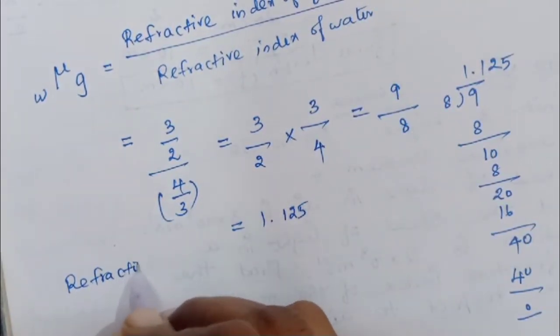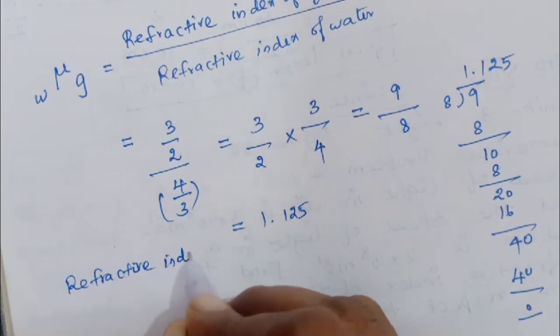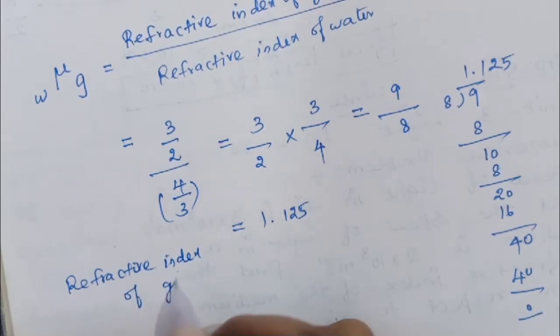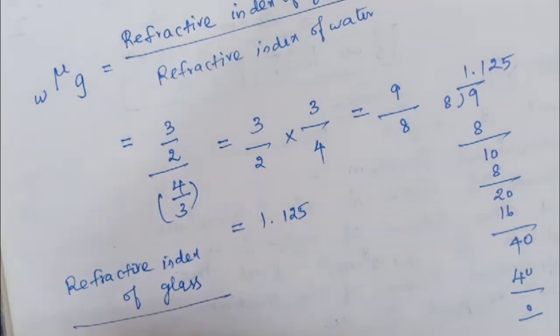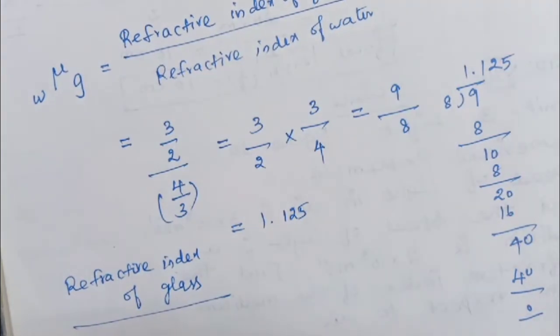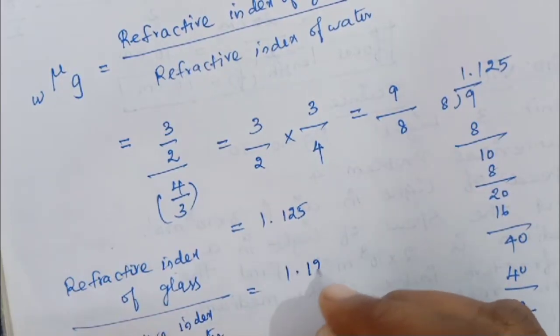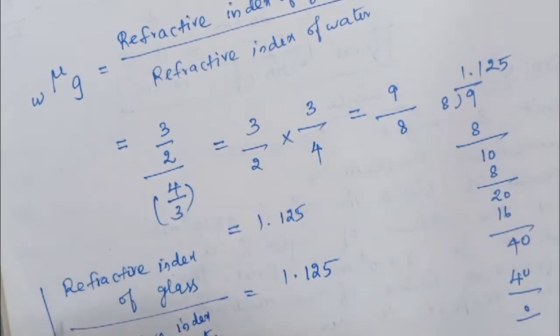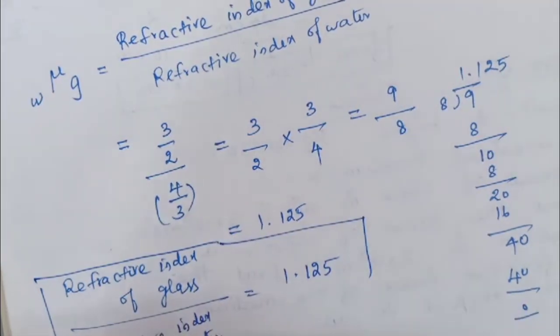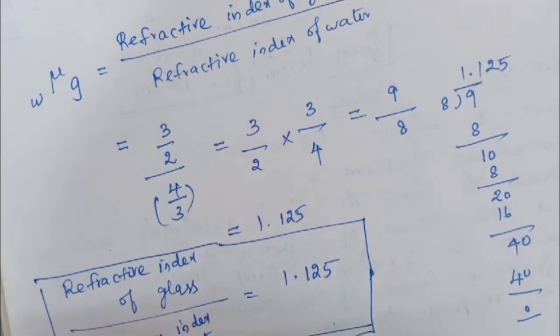That is the refractive index of glass divided by refractive index of water, which is what we were going to calculate. It is equal to 1.125. Clear children?